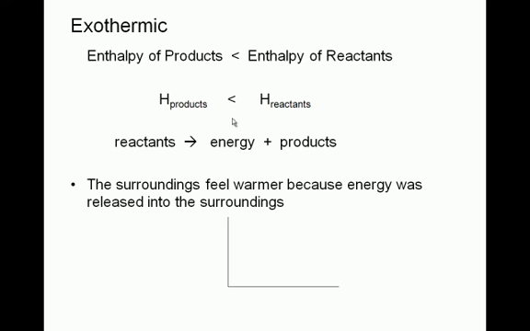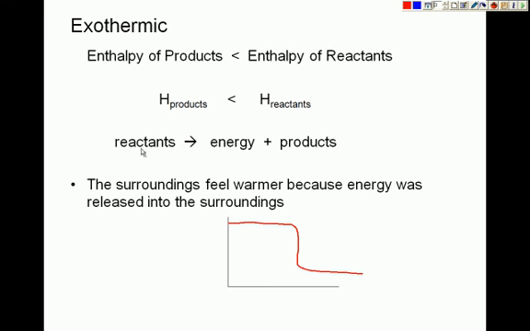Or in other words, energy is going to be on the product side. So if the enthalpy of the reactants is a bigger number than the enthalpy of the products, the reactants start way up here, and the enthalpy falls and comes down here. So again, H products, which is here, is less than H reactants.